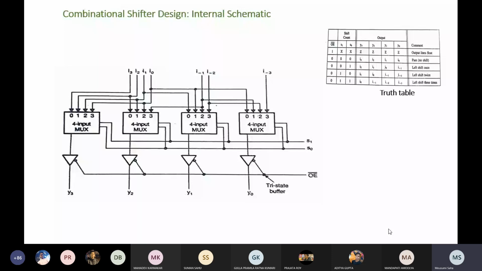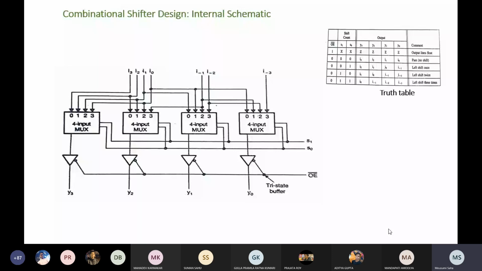This is line 2, which I can observe from the truth table. So that way we can connect line 2 of all the muxes. First one is I1, next is I0, next is I minus 1, then I minus 2. Now for the last, 1, 1, line 3 for all the muxes.